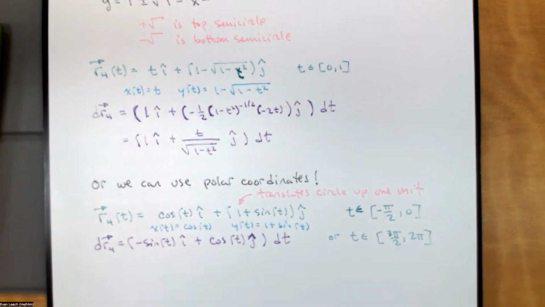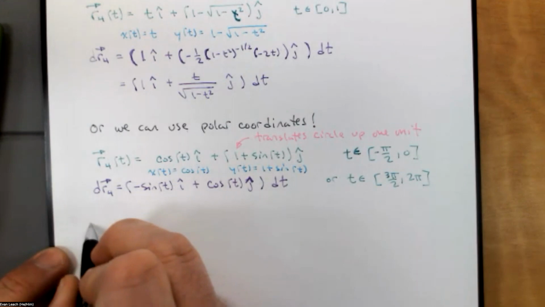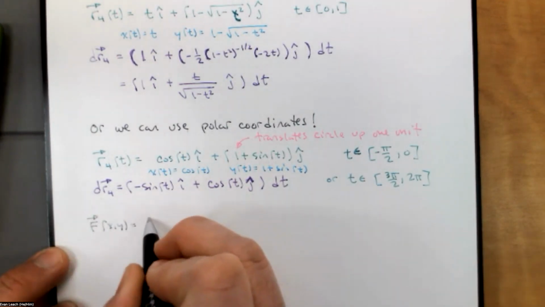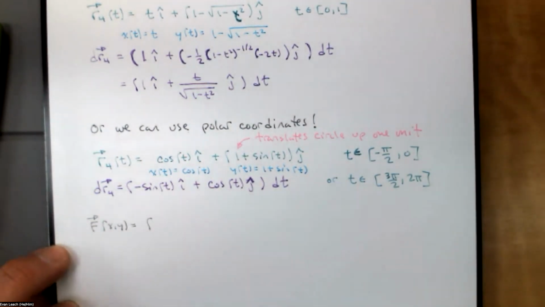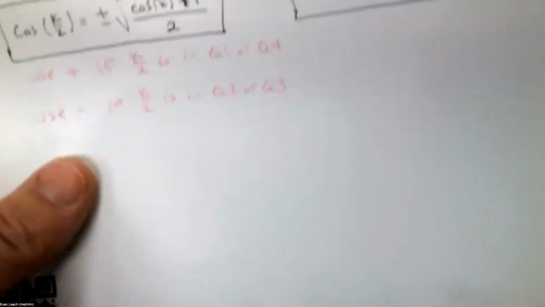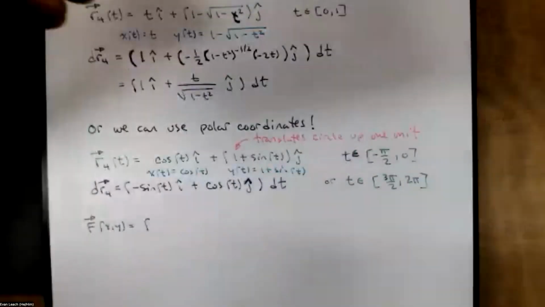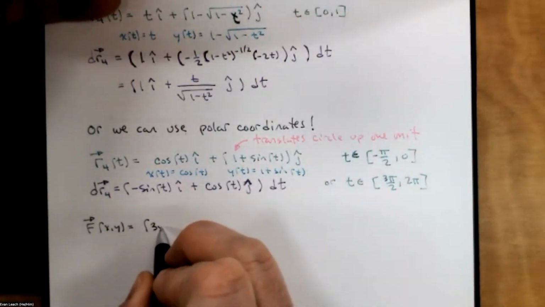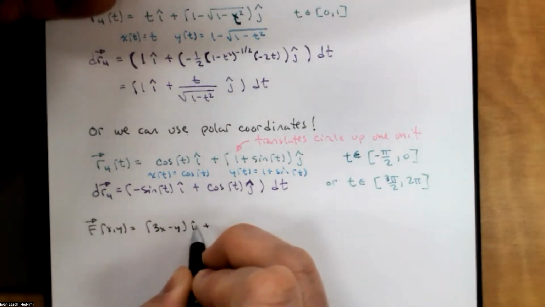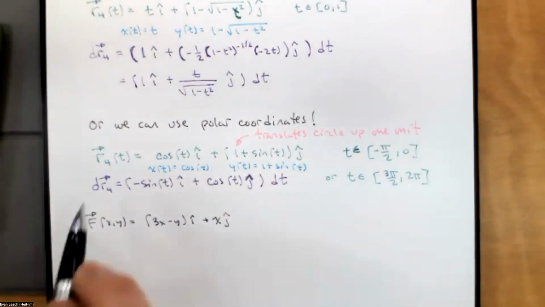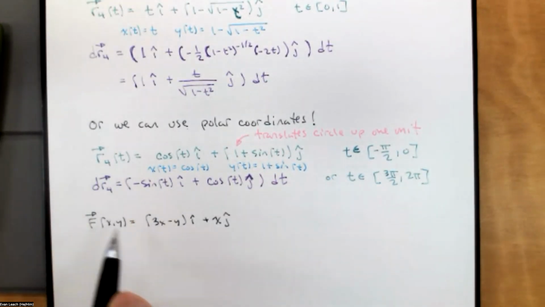So if, like yesterday, we had a vector field that was 3x minus y i, and x times j, then if we want to evaluate, we need to evaluate the vector field at r4.